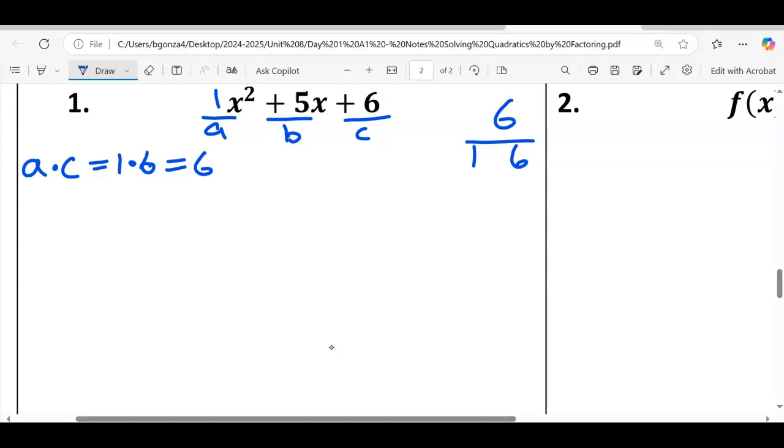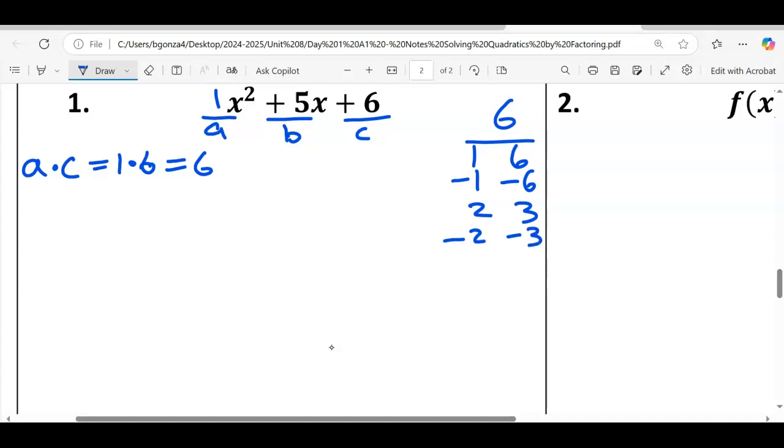Now, this is not a trick, okay? If you change both signs, it will still multiply to make the same thing, because a negative times a negative gives you a positive 6, right? Okay, so I start with 1. Now let's try 2. Does 2 go into 6? 2 times what? 2 times 3 works. And then, of course, change both signs, -2, -3.